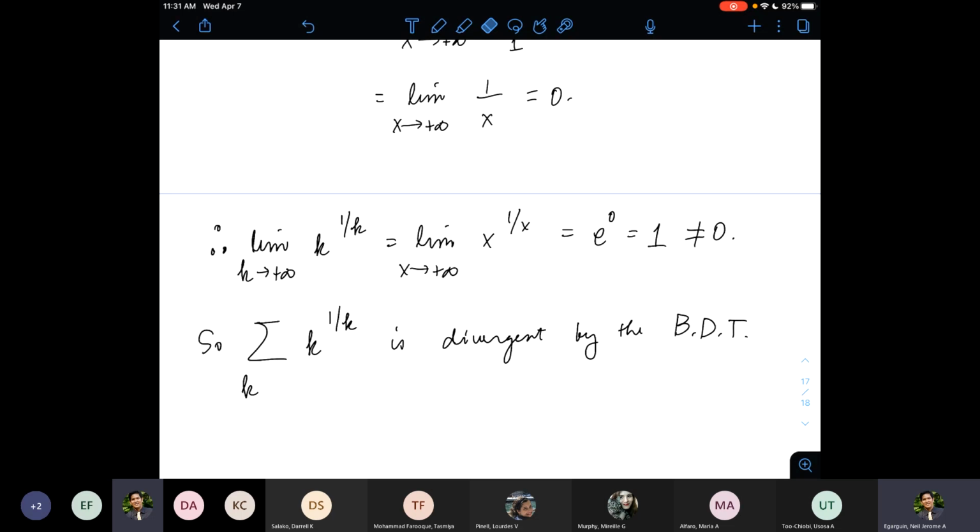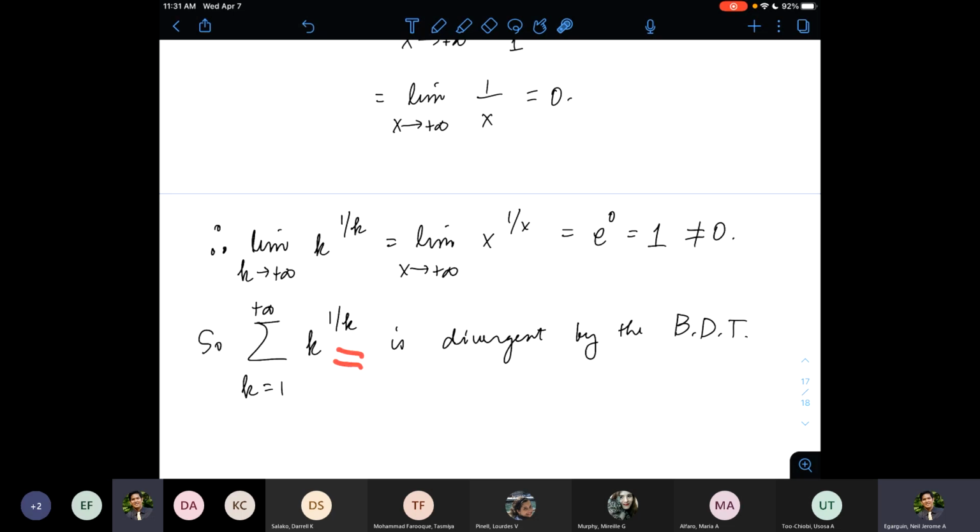Oops, sorry, wrong notation there. I think we start at 1 until positive infinity, right? Now, what does this tell us? It's telling us that in the long run, what you'll see in the summation would be numbers close to 1.